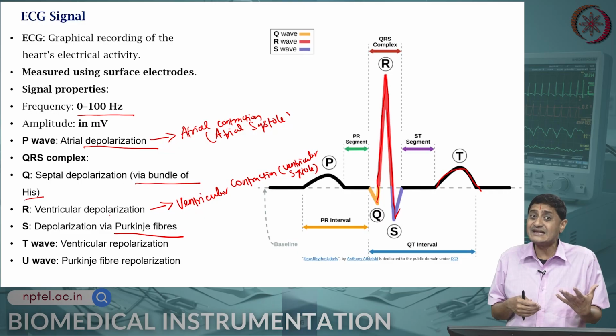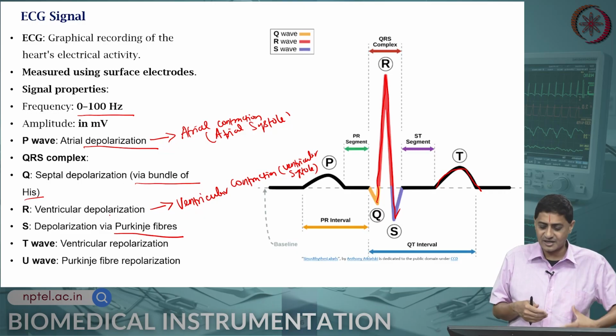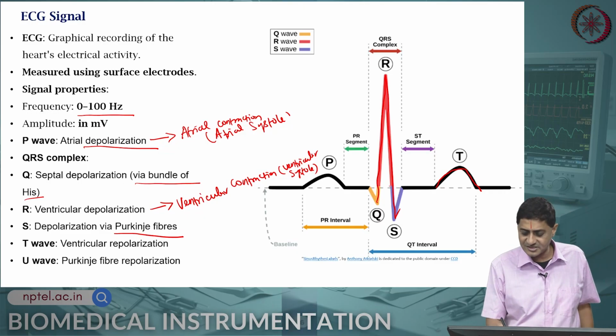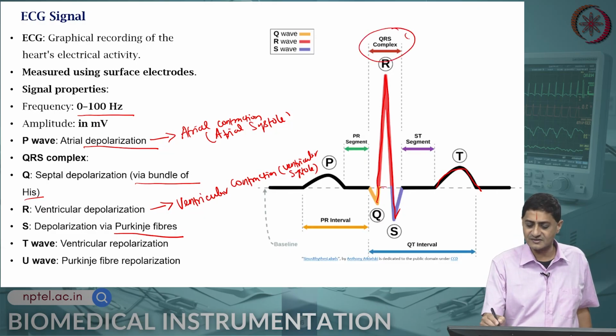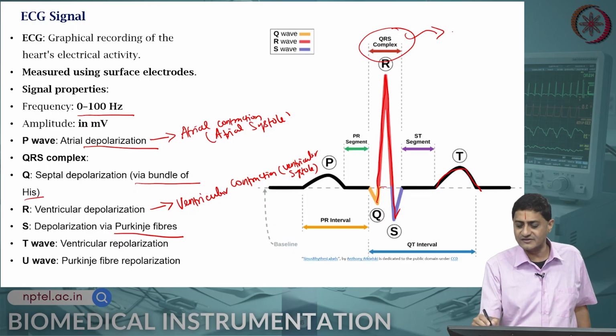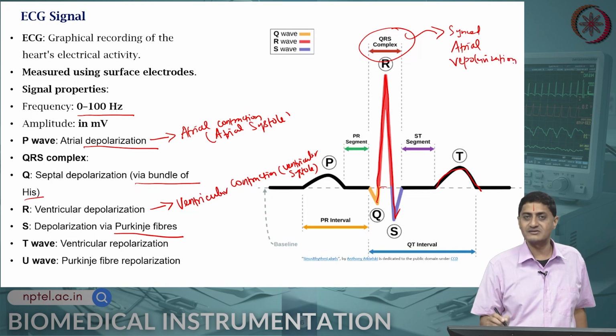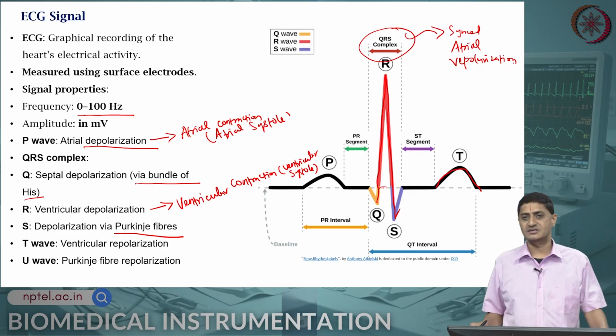That means that atrial repolarization must happen, but that is not actually shown. That happens around this time, during the QRS complex. This is also synced with the atrial repolarization.